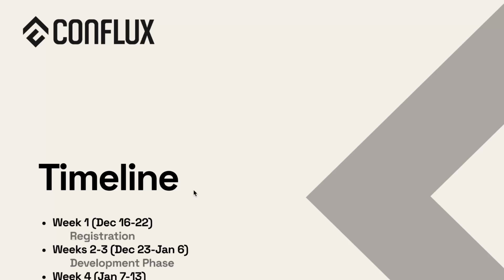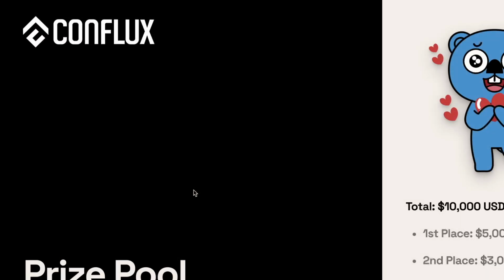In week four, we'll gather all the demos, do the evaluation and announce the winner. The total prize is 10K USD in Conflux. The top winner gets 5K USD in Conflux, second gets 3K, and third place gets 2K.